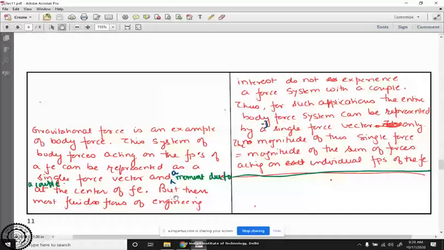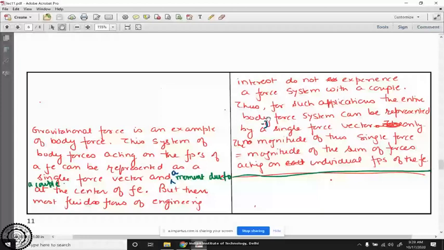But then for most engineering fluids, fluid flows of engineering interest, you do not experience a force system which actually requires a couple. Again, gravitation is a very good example. Since it is a parallel force system, all fluid particles are experiencing gravitational force, but the force vector for all of them is pointed in one direction.